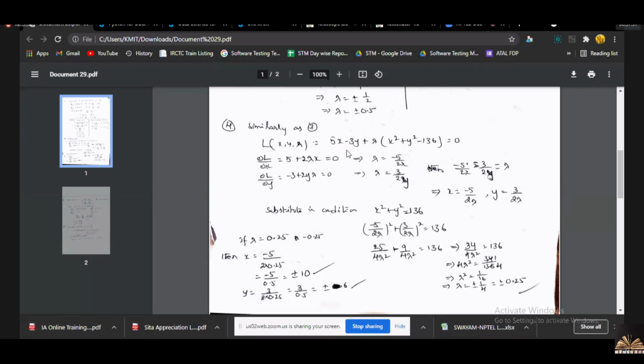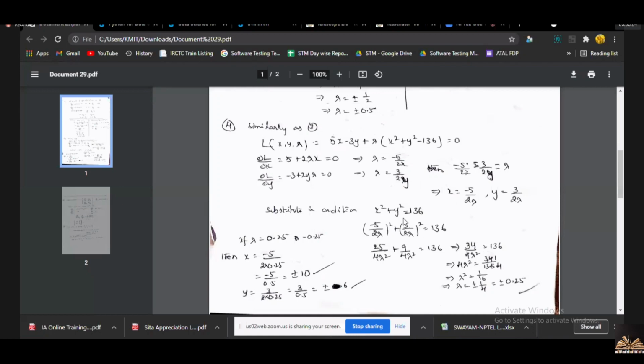So it is the same procedure; the function and the constraints are different. If the question is asked like this, to find the stationary points x star, y star and lambda star for the given objective function with respect to the constraint, then you have to write the objective function and the constraint in Lagrangian function format, then find the first derivative with respect to x and the first derivative with respect to y, and then you'll get the lambda value.